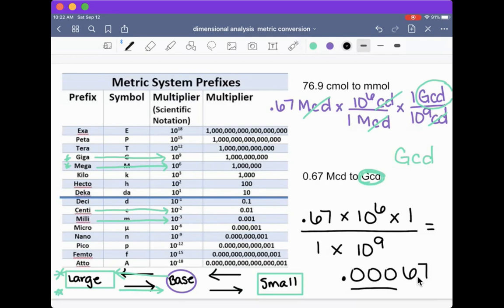If you have it in scientific mode, your calculator probably already gave it to you in scientific notation, but I did not have my calculator set up in scientific mode, so I'm going to move my decimal 1, 2, 3, 4. So I get 6.7 times 10, and it's a very small number because it's a decimal, so it is a -4. So my final answer is 6.7 times 10 to the -4 gigacandelas.